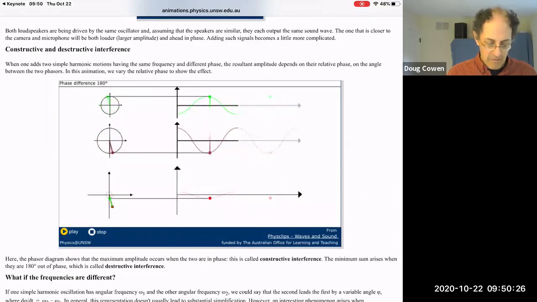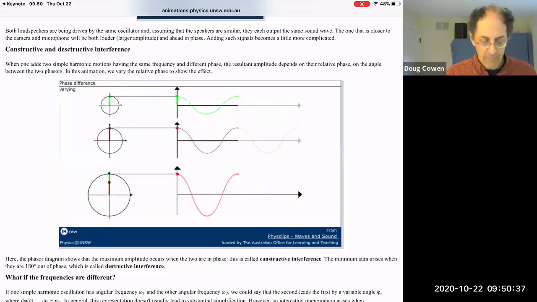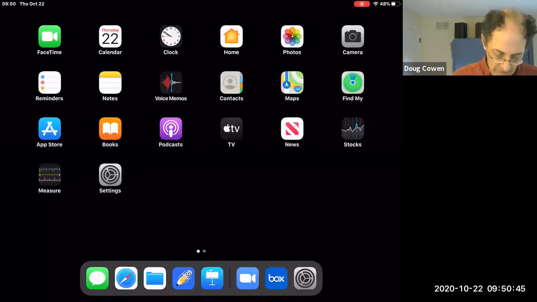And you see that the amplitude is quite a bit smaller, and they'll go back into phase in a minute. Okay. So I encourage you to go and take a look at this animation afterwards if you want to study it more. And of course, if you have any questions about it, you should feel free to email me and ask me about it.